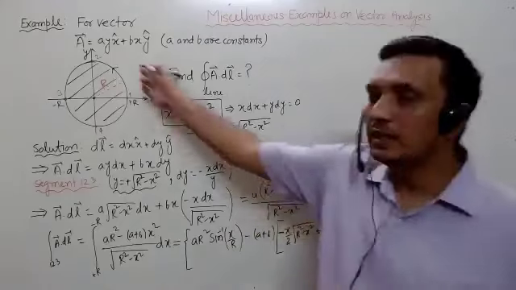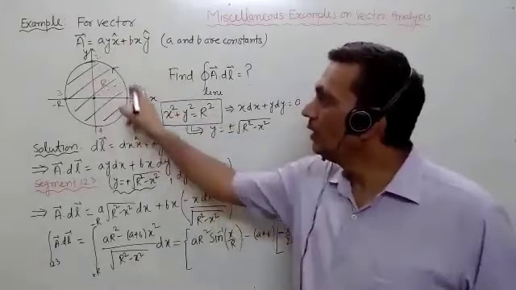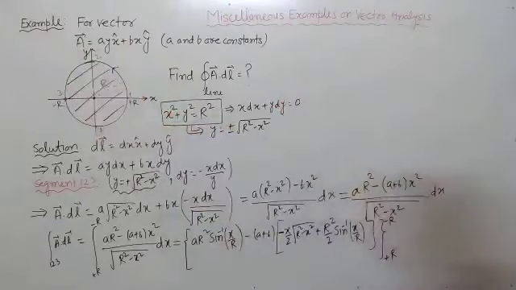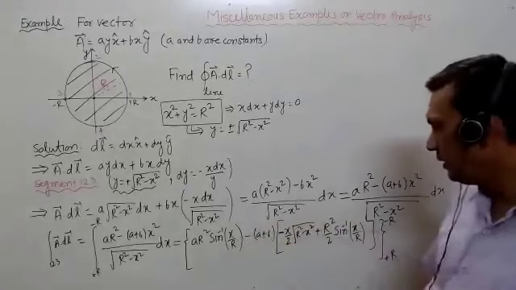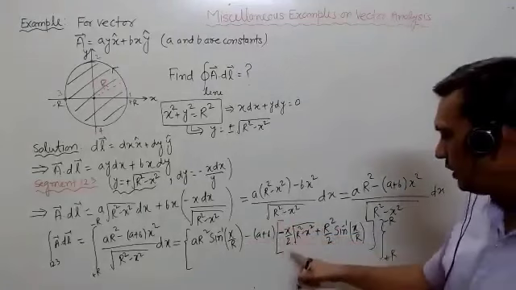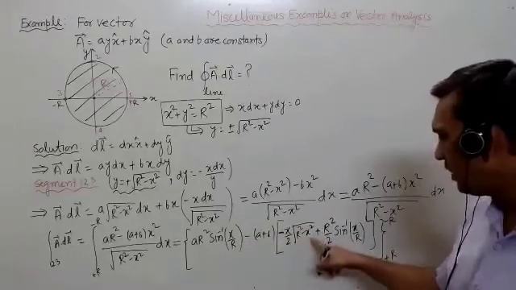That will give you the line integral along the upper segment, segment 1, 2, 3. So you have to put the limit. If you put x equal to plus or minus r, this term will be 0 because it has r square minus x square.